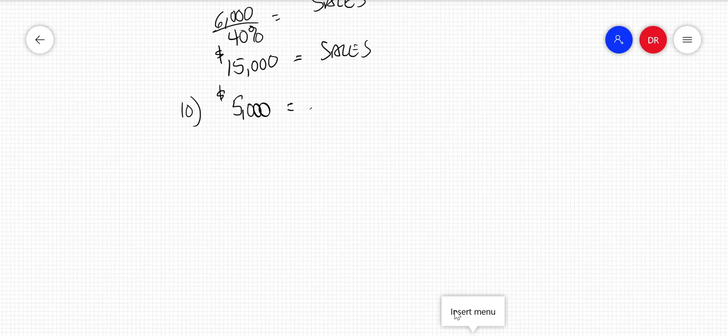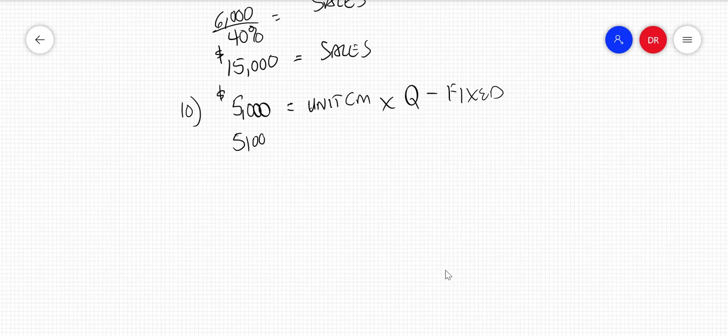That's equal to the unit contribution margin times quantity minus fixed. So we're going to have 5,000, not 5,100, 5,000. Is equal to the unit contribution margin of $20 minus 12 times Q minus 6,000.